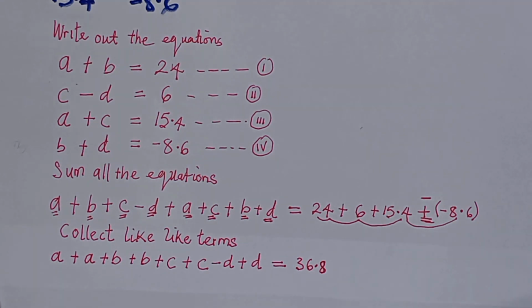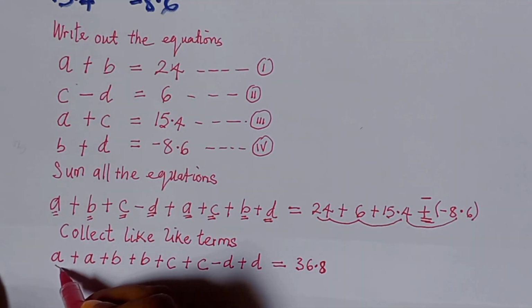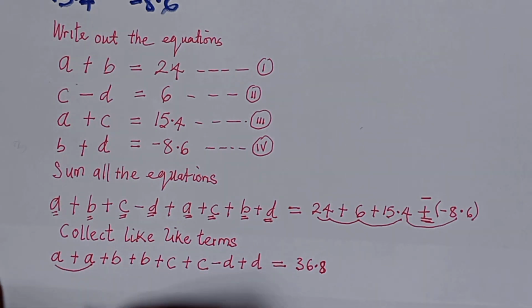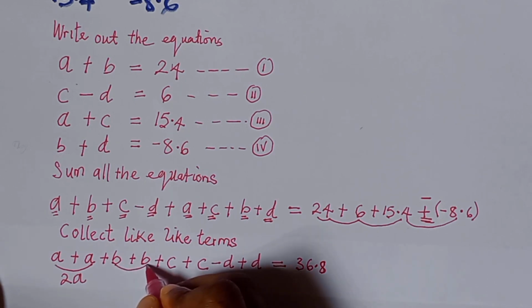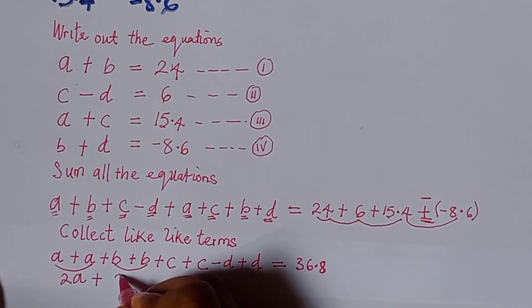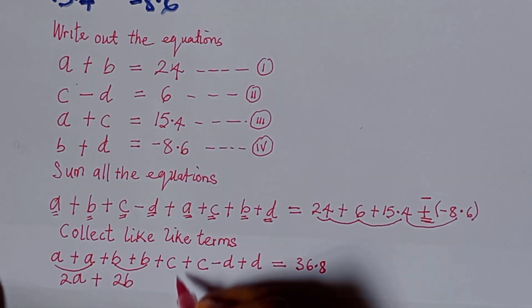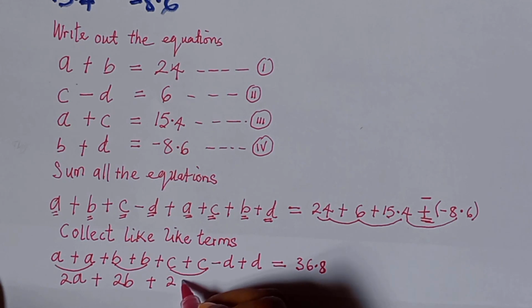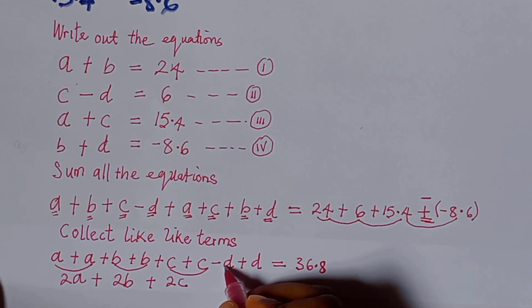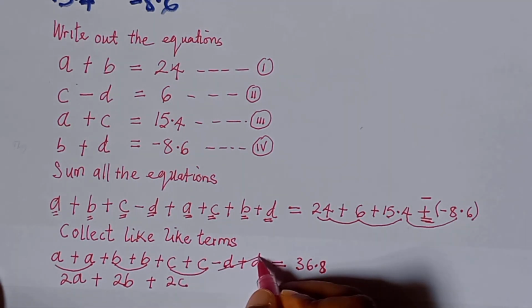Okay, at this point, you notice that this and this is 2A, this and this is 2B, this and this is 2C, minus D plus D is 0, so it's gone.